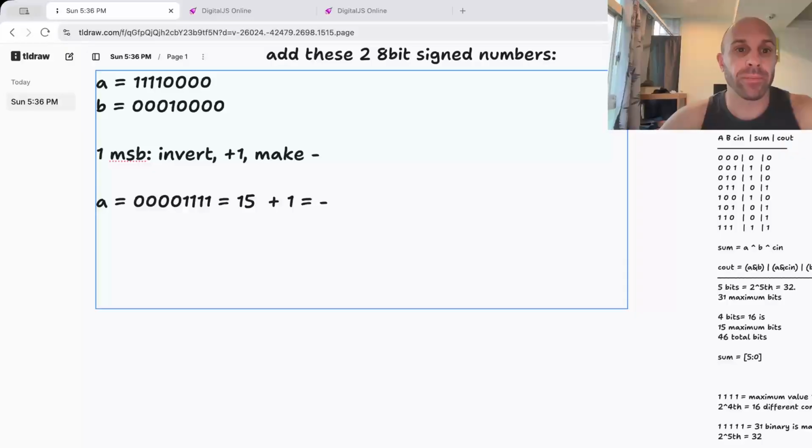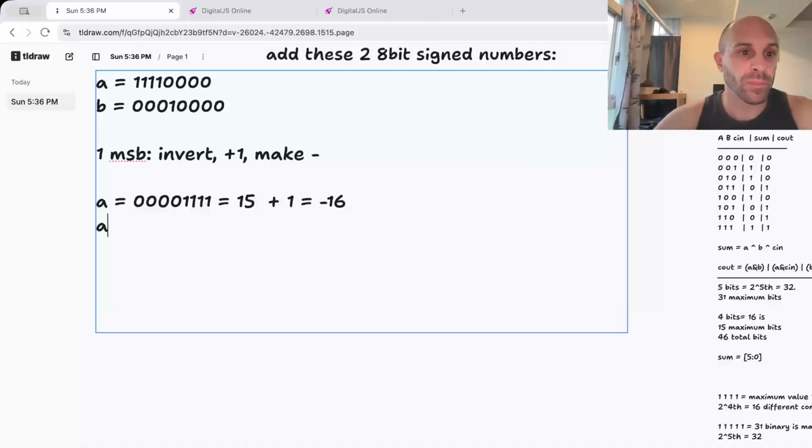Make it negative. Always forget to do that. So it's negative 16. And that's 16 in binary. Negative 16, because this is a signed number, so it's negative.